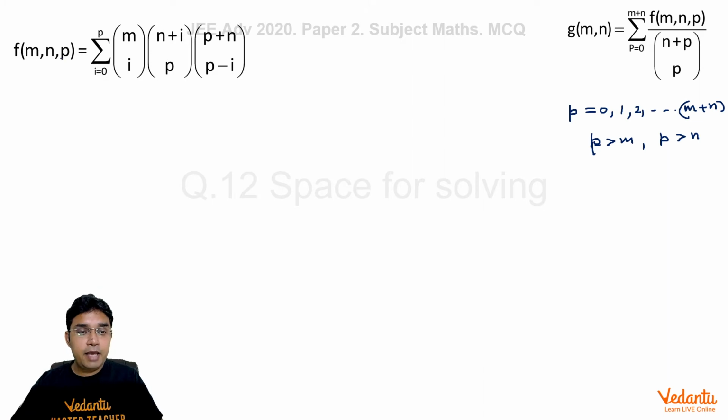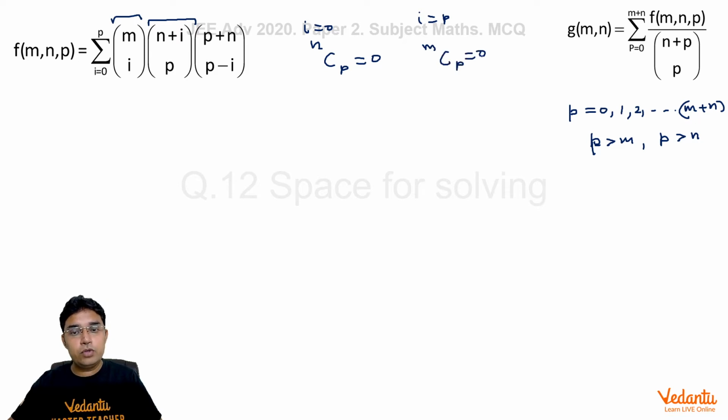Why am I saying this to you? Because in this f(m, n, p), this middle term, if you notice, if I put i is equal to 0, because my first limit is i is equal to 0, this will be nCp and it should become equal to 0 if my p is greater than n. And also for i is equal to p, my first term here, which will be mCp, that will become equal to 0.